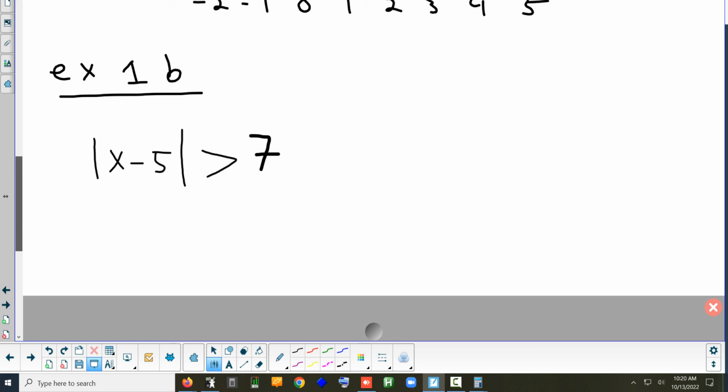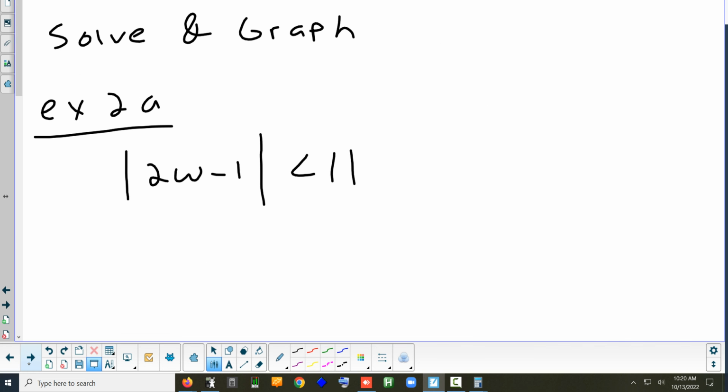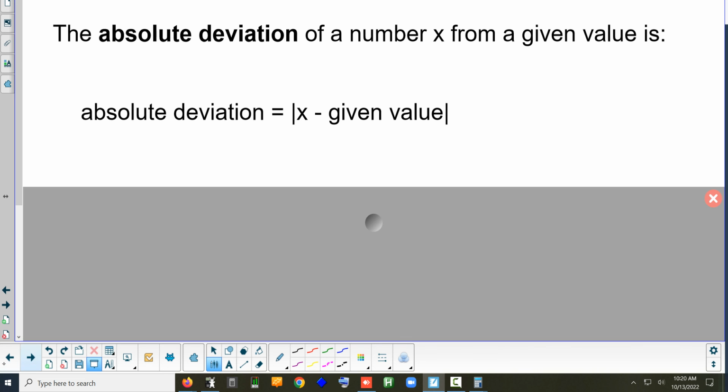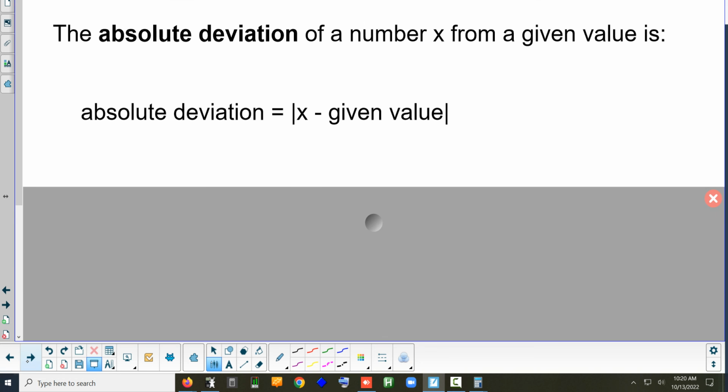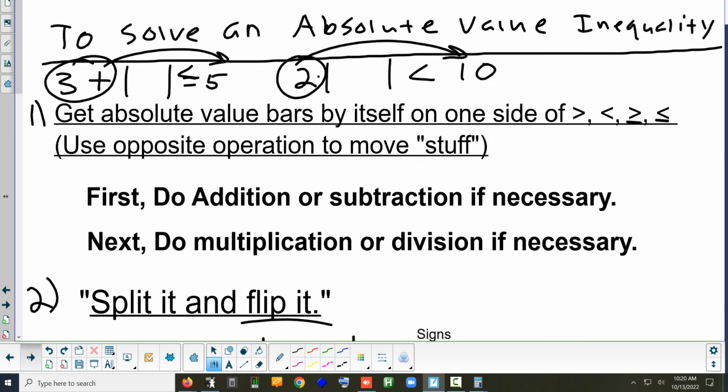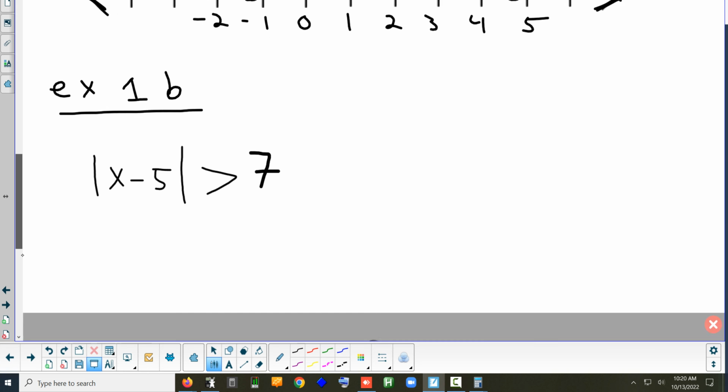All right, so let me see. Okay, so we've got that one, and I think this last one has a, yeah, okay. I'm going to give you guys a second to try 1B.